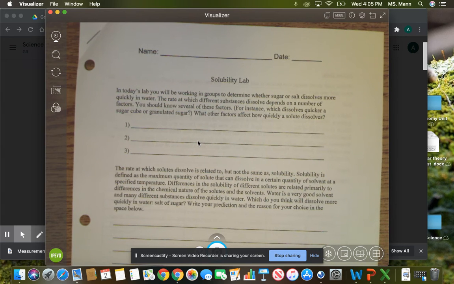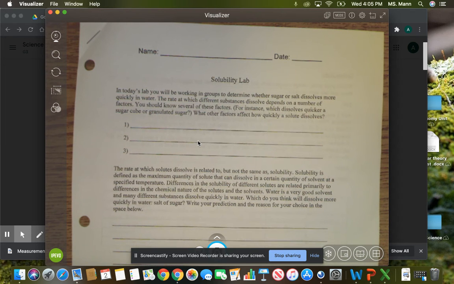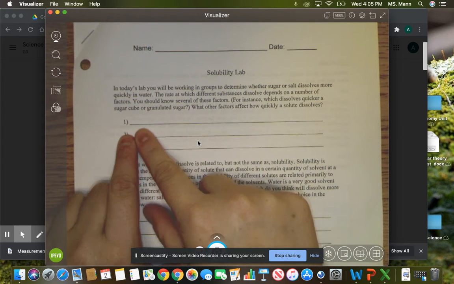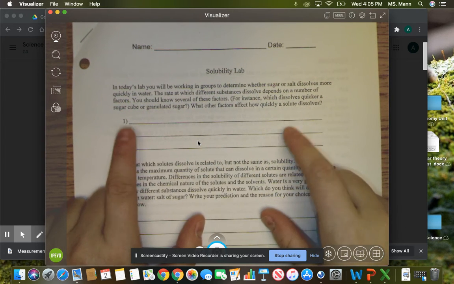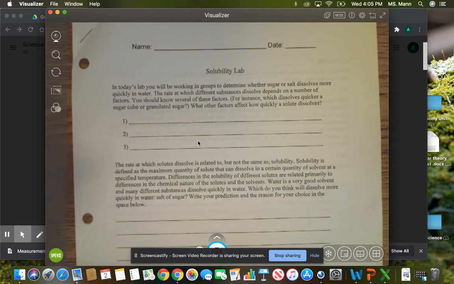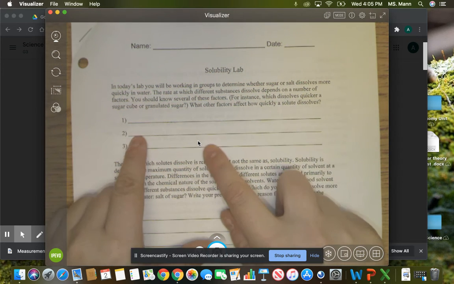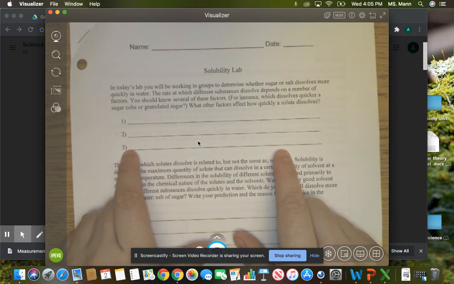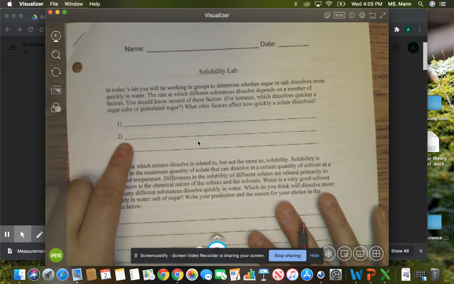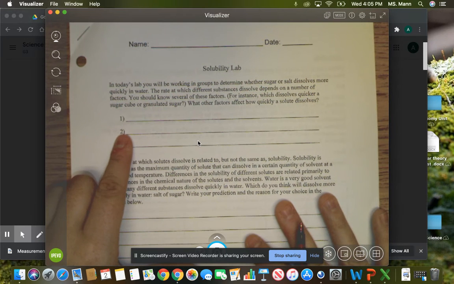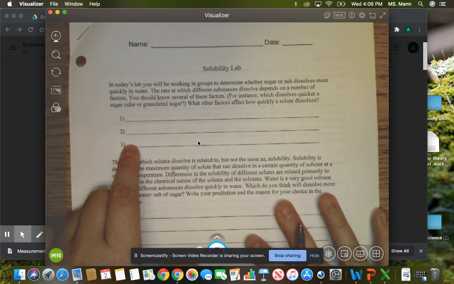You can easily look this up on Google, or you could just give it some critical thought. For example, the number one factor that affects solubility is temperature, right? Temperature. So, the second one that affects solubility, I would say, is the amount of surface area.